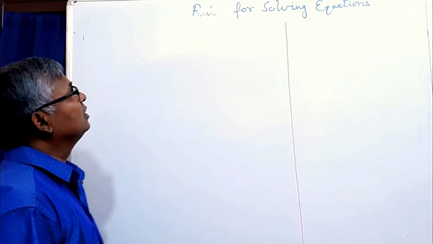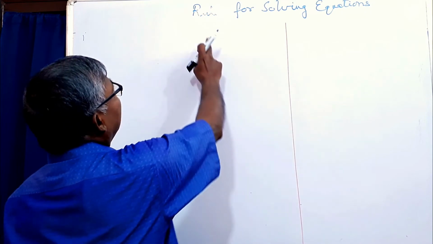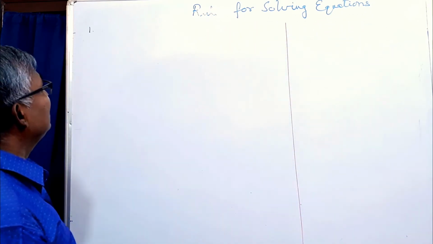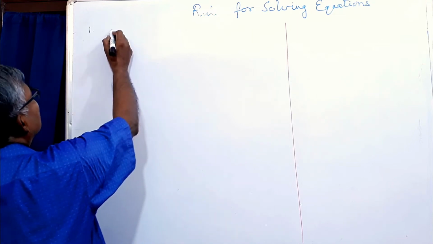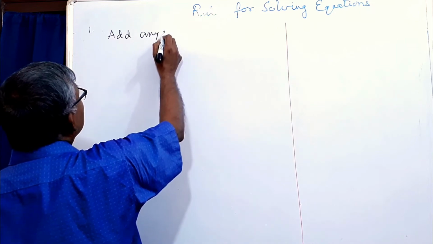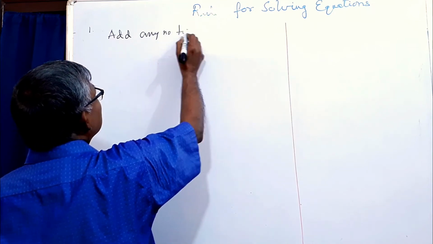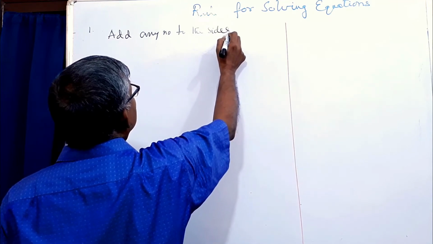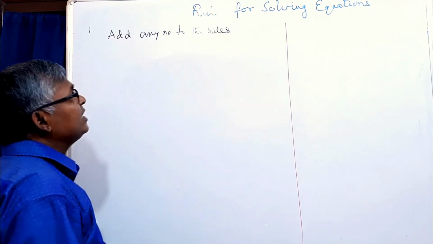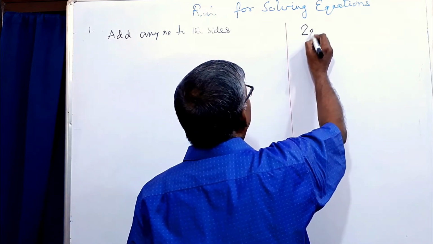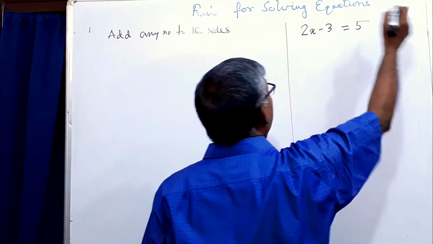Students, now see the rules for solving equations. We can add any number to both the sides. Suppose an equation is 2x minus 3 equals 5.